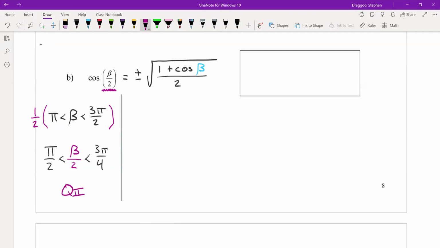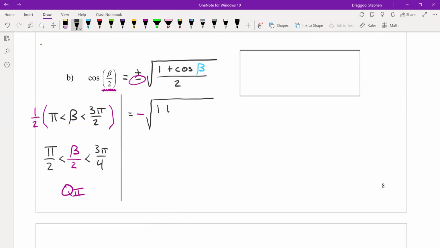In fact, it's in the early part of quadrant 2. We could say that. But all that really matters is that we're in the second quadrant for beta over 2, and in the second quadrant, cosine is negative. So I want to take the negative value off of that plus or minus. And then I can keep solving the inside like normal.